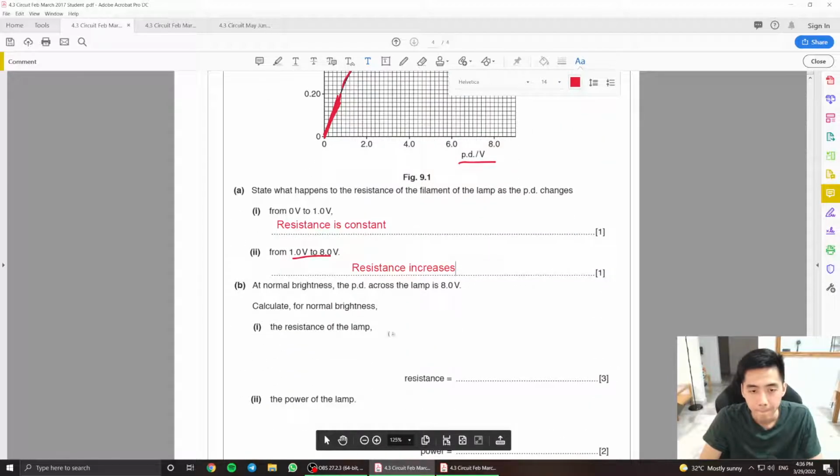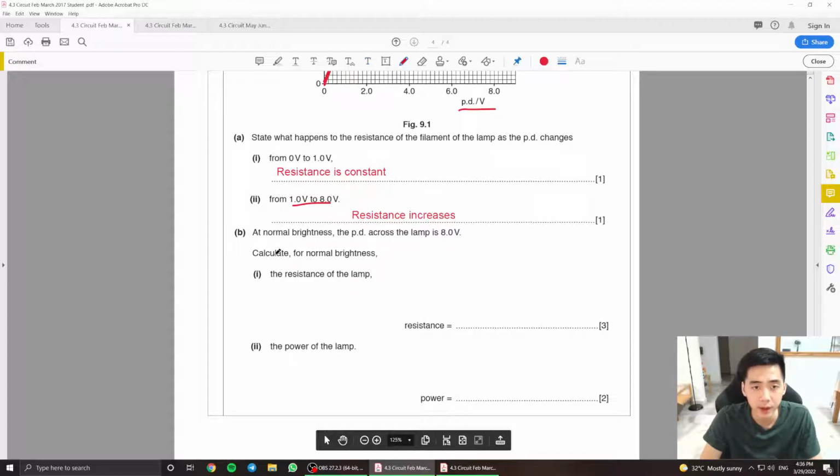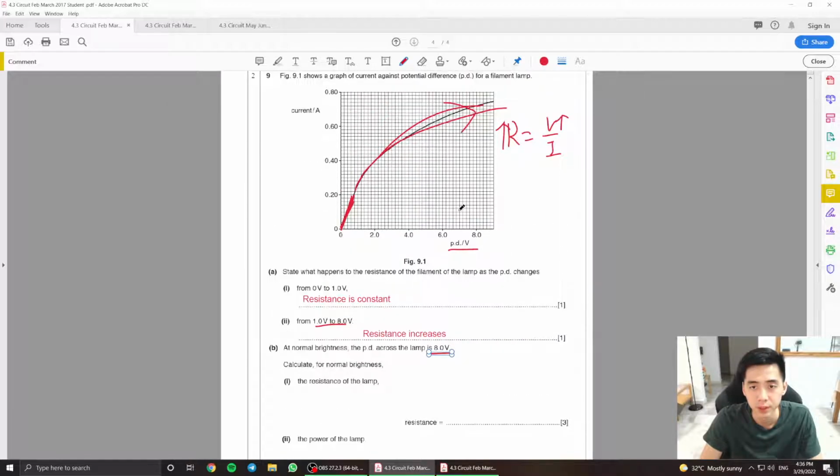Okay? Then, next part here: at normal brightness, the potential difference across the lamp is 8 volts. Calculate the resistance of the lamp at normal brightness. If I want to find the resistance of the lamp, all I need to do is go all the way upwards from 8 volts to here.